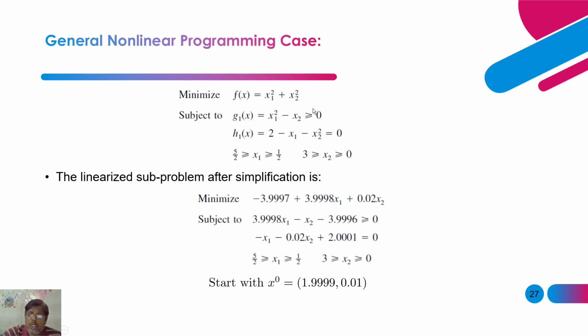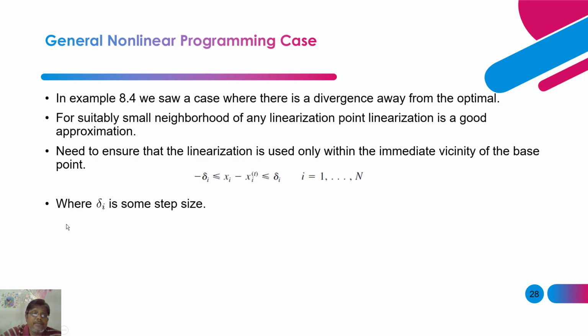After linearization, I get my new objective function as this. So instead of x1 square, x2 square, you can see x1, x2 available. Wherever a square or higher order term is there, that has been linearized with respect to this point. So x naught is the starting point over here. With respect to that, we'll be starting. So we have minimized to this much.